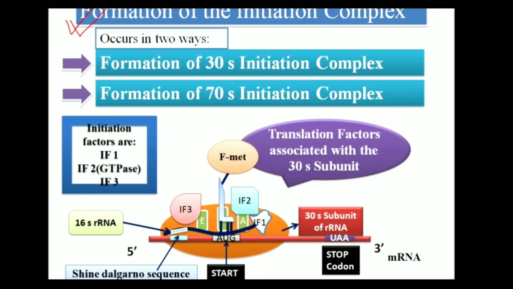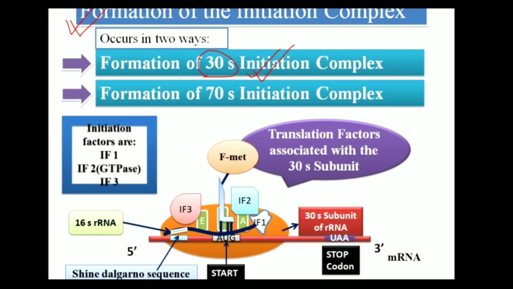First is the formation of the 30S initiation complex. It is the most vital part of the initiation complex formation, because the 30S subunit complex formation starts the process of initiation.